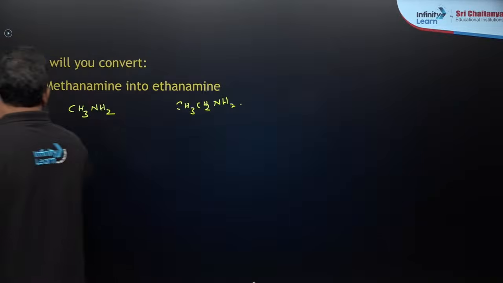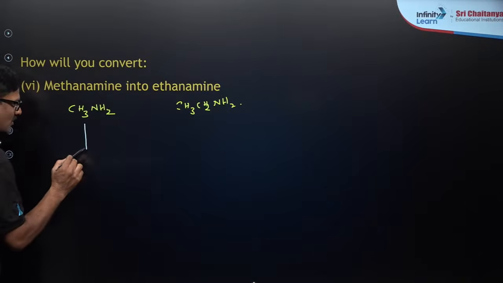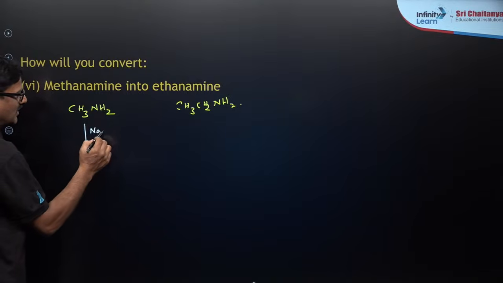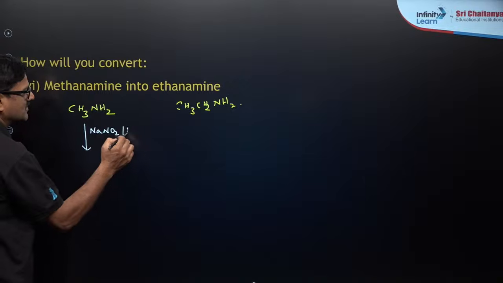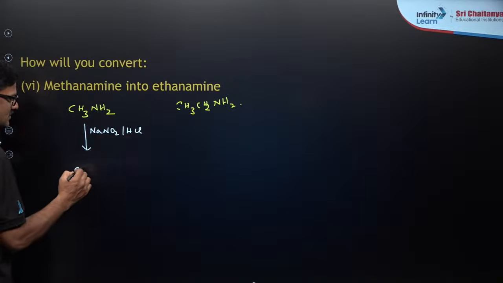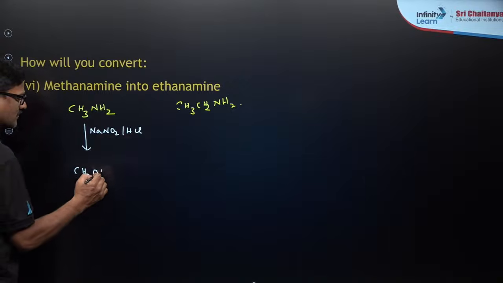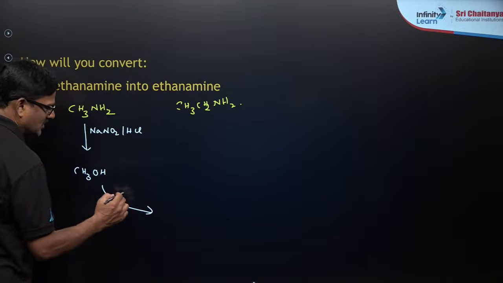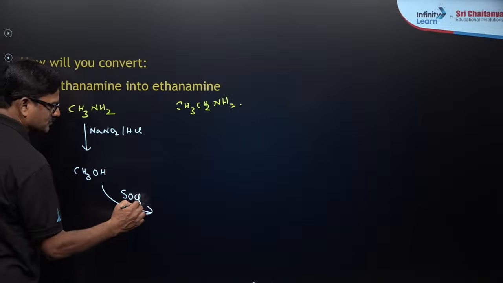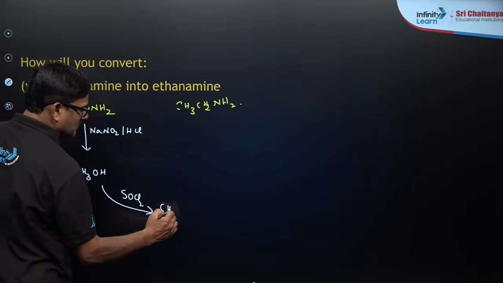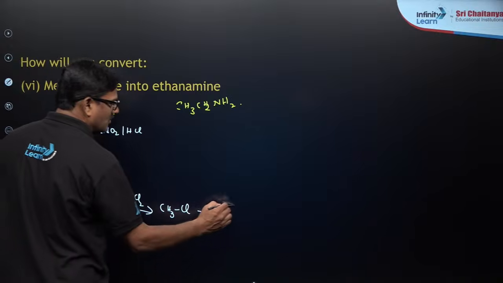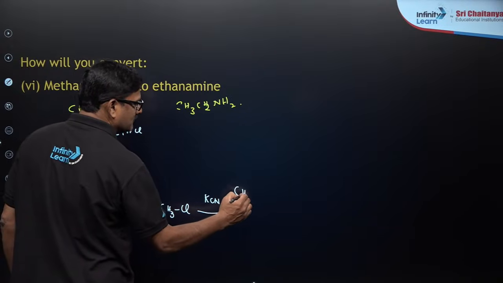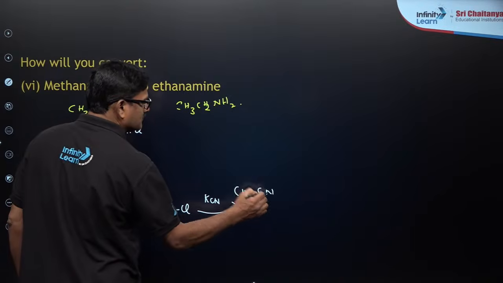Right. Now let us talk about this. I want to remove NH2. So, NaNO2 and HCl. You are going to get CH3OH. Okay. Now SOCl2, CH3Cl. Now KCN, CH3CN.